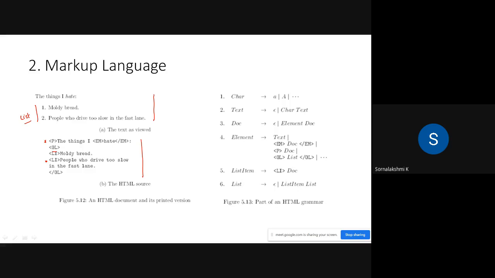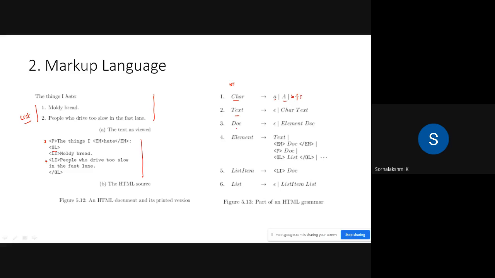These are all non-terminals: character, text, doc, element, list item, list. The terminals are capital A to Z, numbers 0 to 9, and any special characters that you allow, all defined by this character rule.